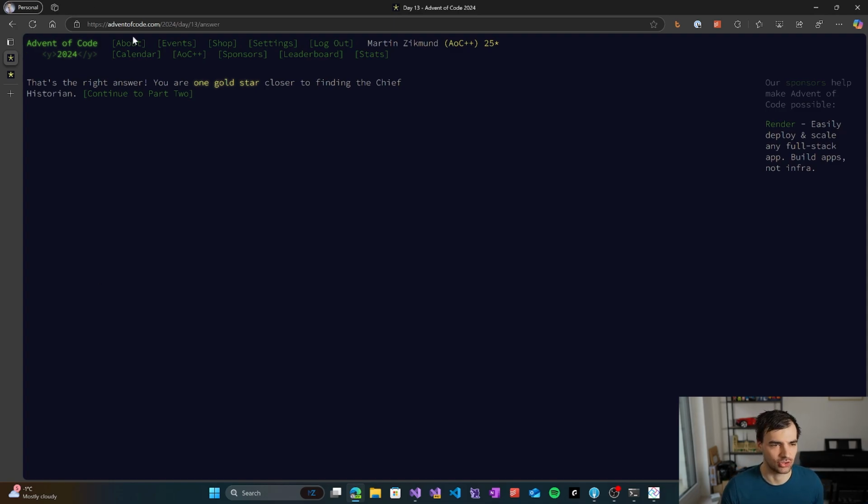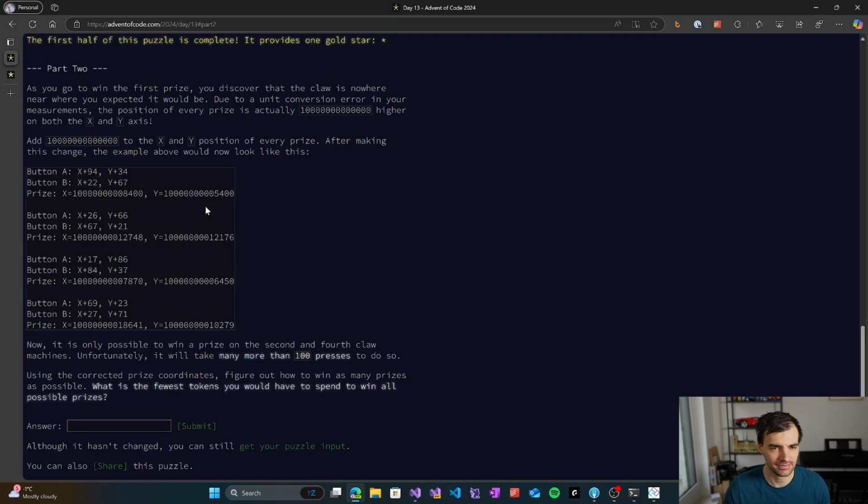Okay, that's the first part done. So now let's switch to part 2. In part 2, we discovered that due to a conversion error, the position of each prize is actually this much higher in both X and Y. So we need to imagine that those numbers are this much higher, and we need to make many more presses than we originally had to.